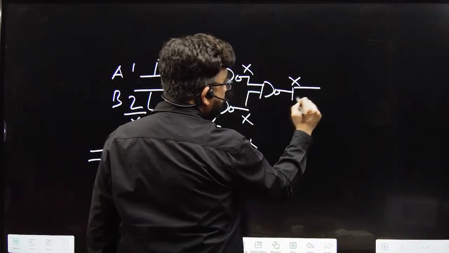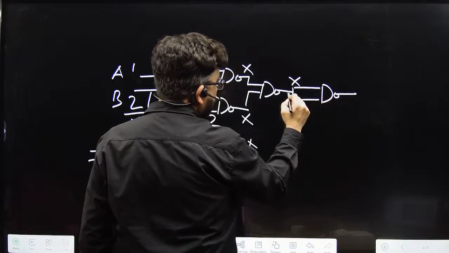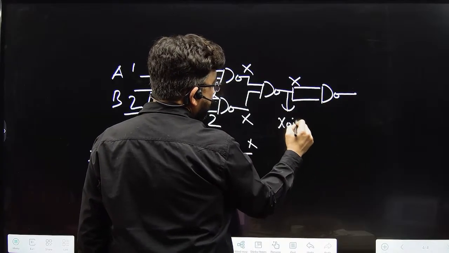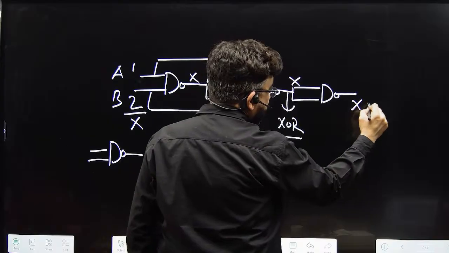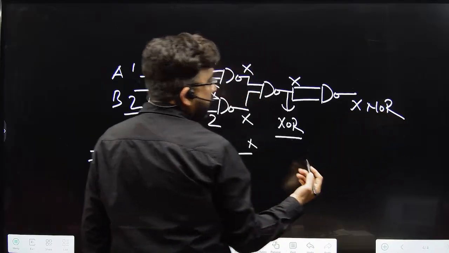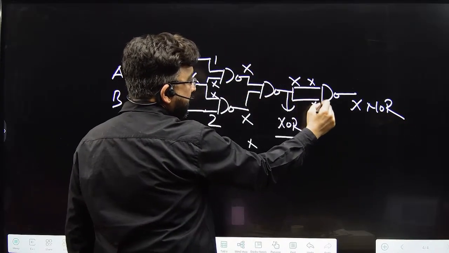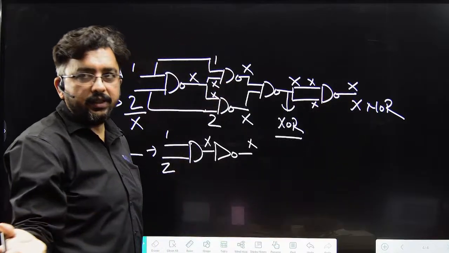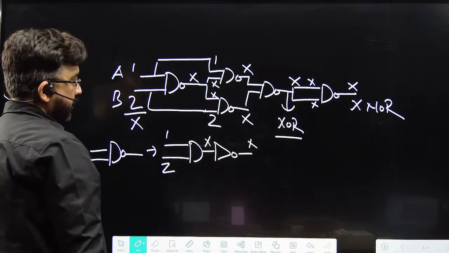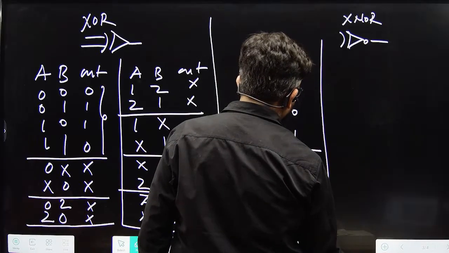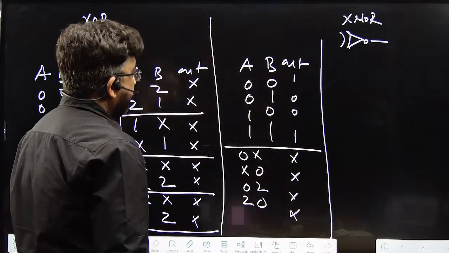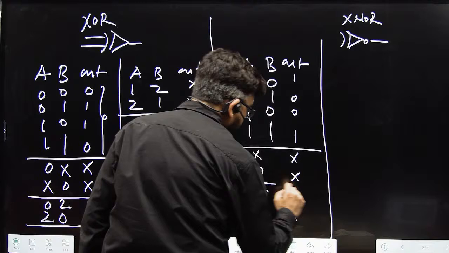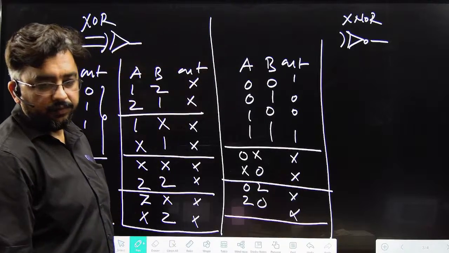If you connect the inverter, this is your XOR output and this is your XNOR output. So if X is coming here, then again you are getting the output X only, right? Very simple.